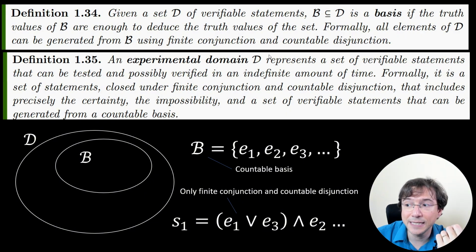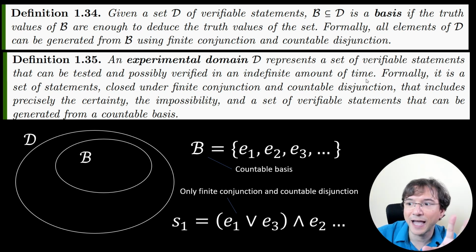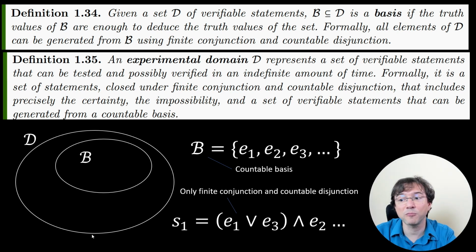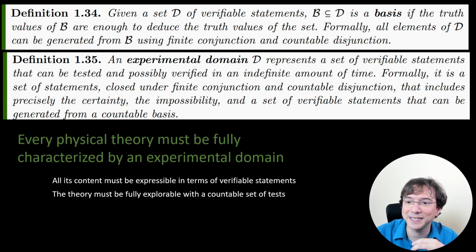So basically, D is a set of verifiable statements that can be fully tested and verified by running countably many tests. Therefore, it can be verified in an indefinite amount of time. And this forms a good group of statements to look at. So if we are going to look at statements of position for a particle, these will form a domain, and so on. This is sort of what we're going to be looking at.